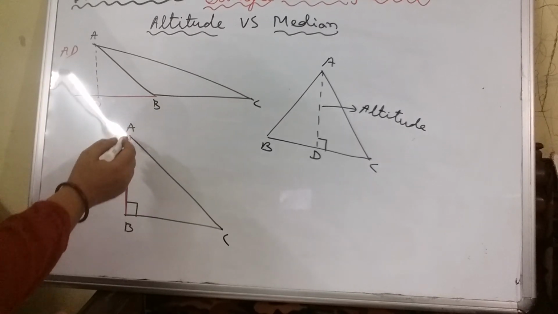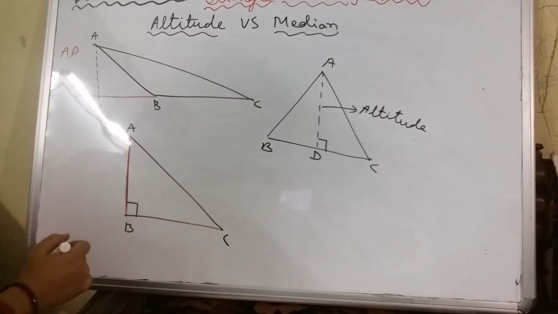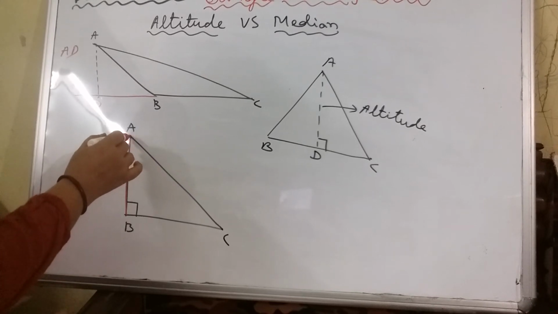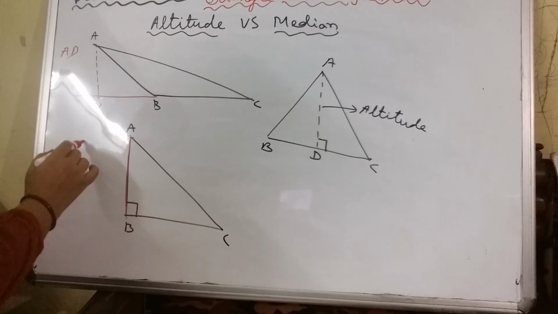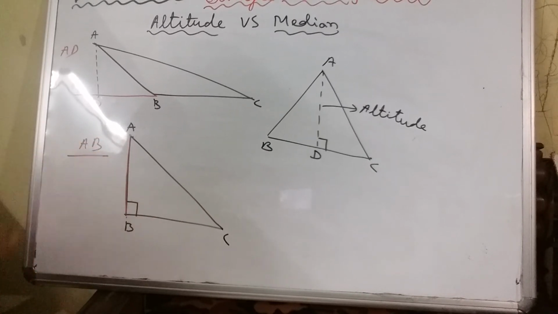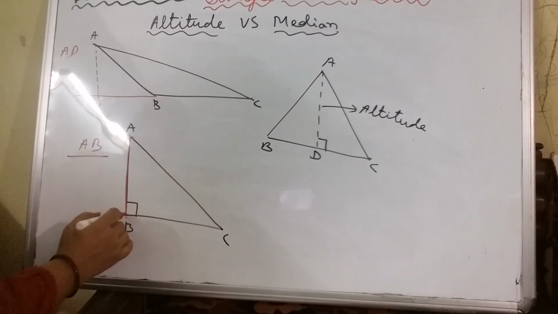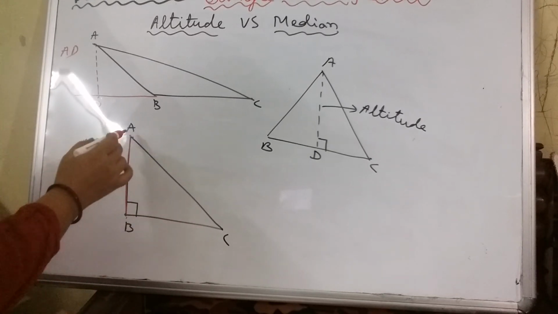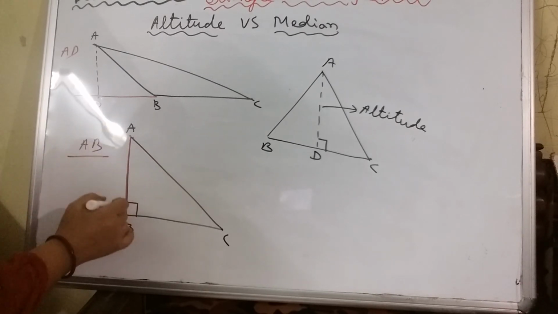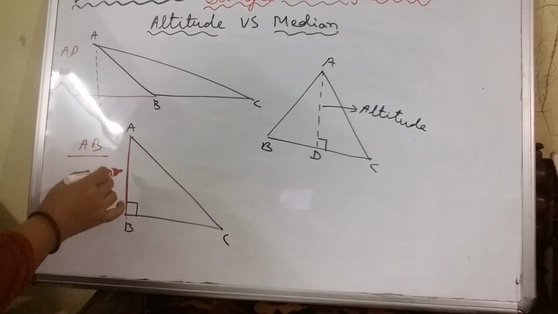Now if we consider this right angle triangle, if I draw a perpendicular, this perpendicular AB is a side of this triangle ABC itself. That means the altitude of this triangle is the length of a side of the triangle itself.